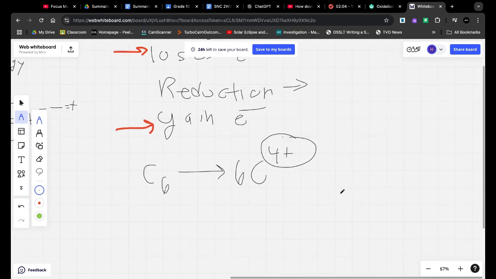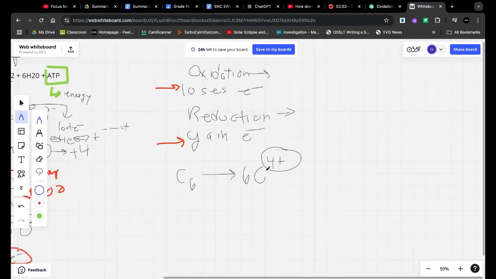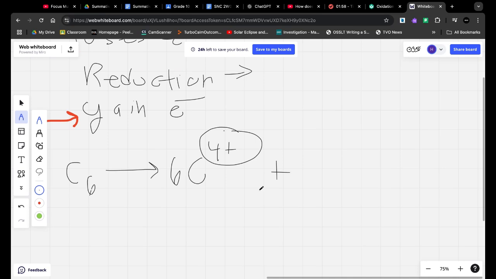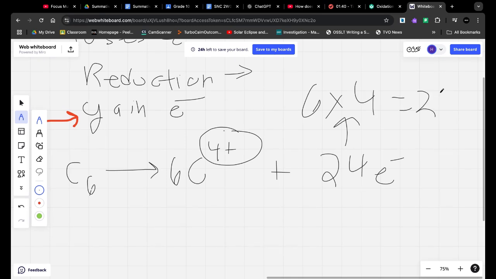That tells us this is oxidation, by the way, so we're losing electrons. How many electrons do we lose? We have six of these carbons, and each has four plus, so we lost 24 electrons, because six times four is 24.